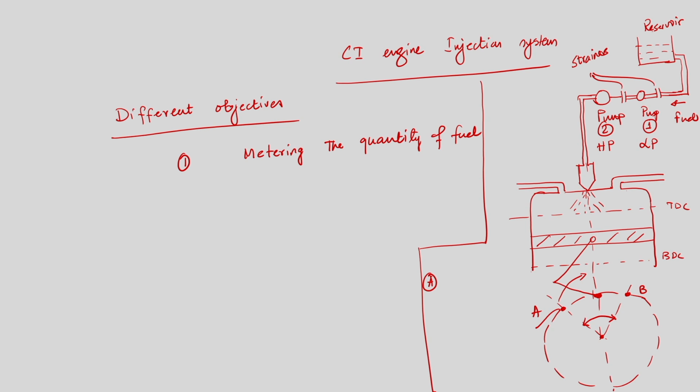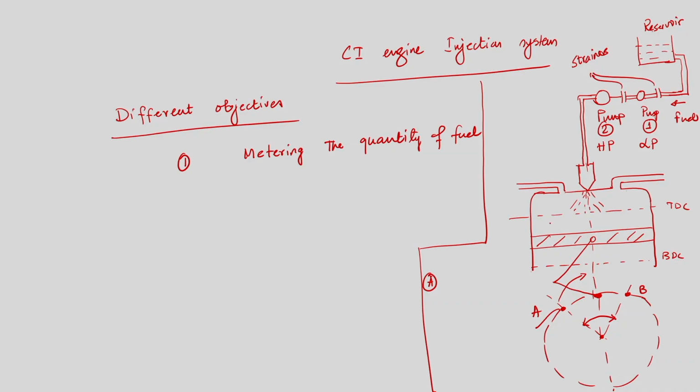So, we have two different strainers to separate the foreign particles, and for that we have a small low pressure pump, and finally a high pressure pump is used to build the pressure required to inject fuel in a desired spray pattern.